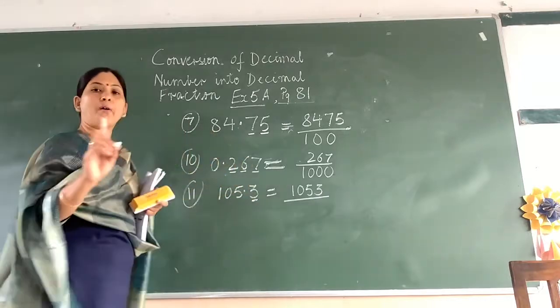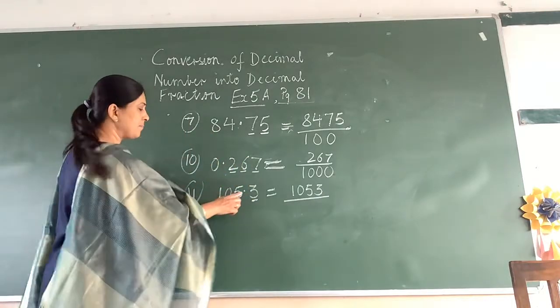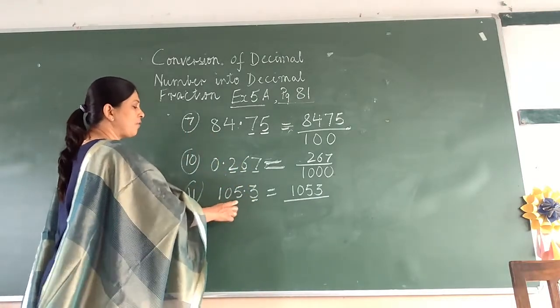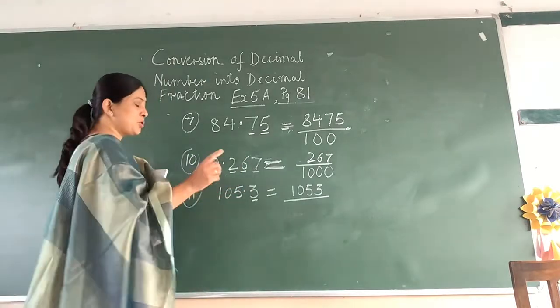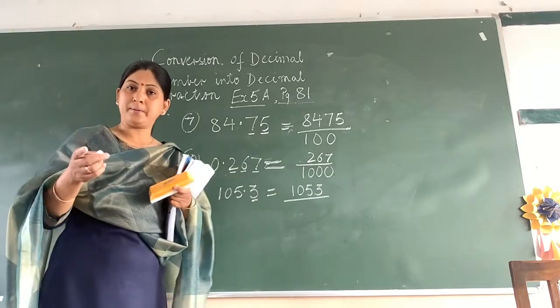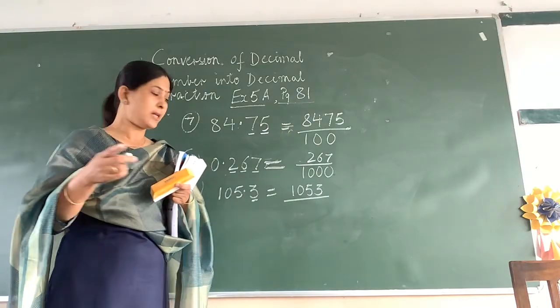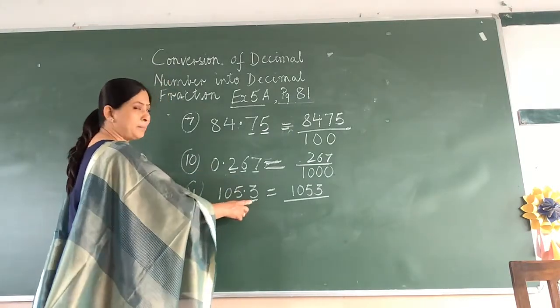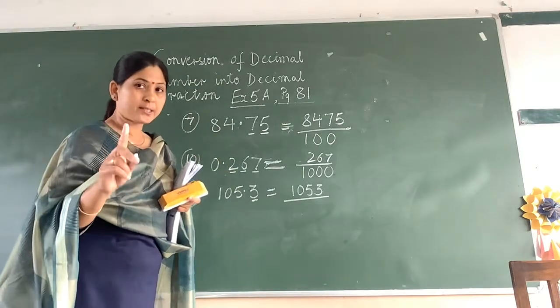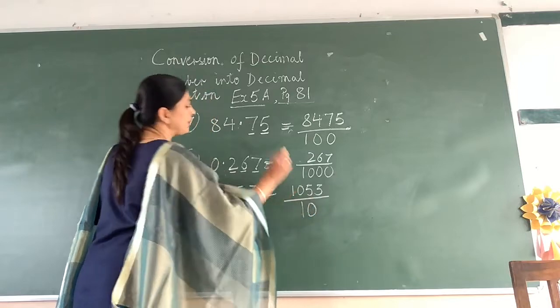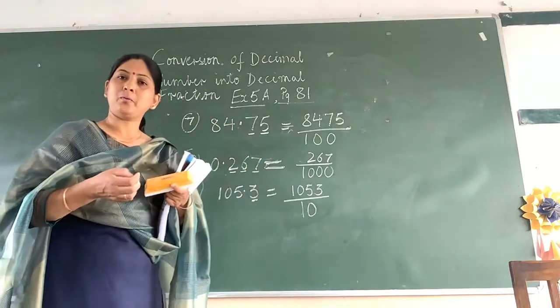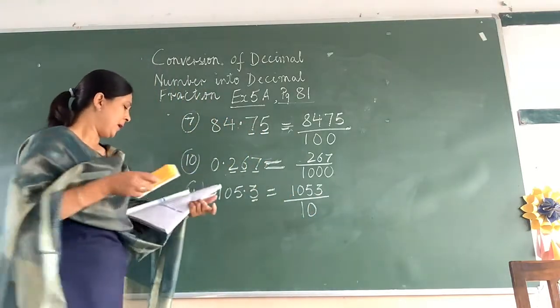There is only 1 digit after decimal point. That means 105.3 has 1 decimal place. So, what will our denominator be? Think about it, children. Since it has 1 decimal place, there is 1 digit after decimal point, our denominator will be 10.